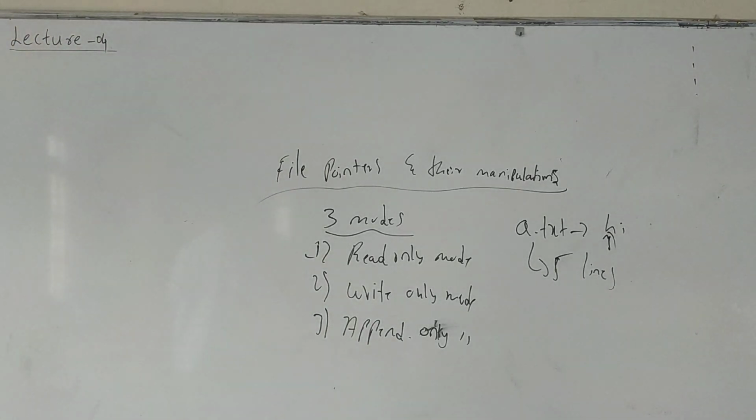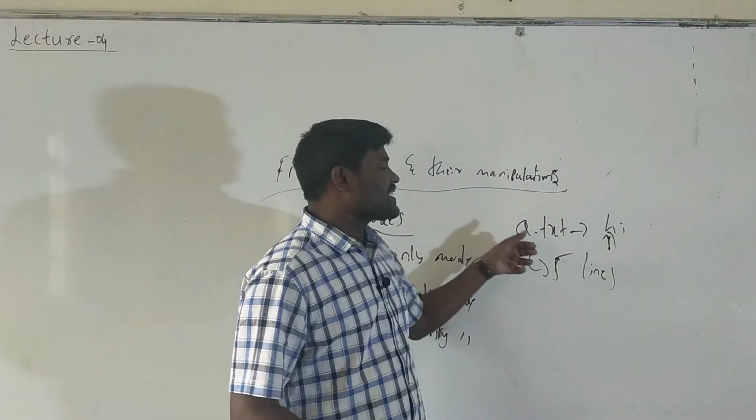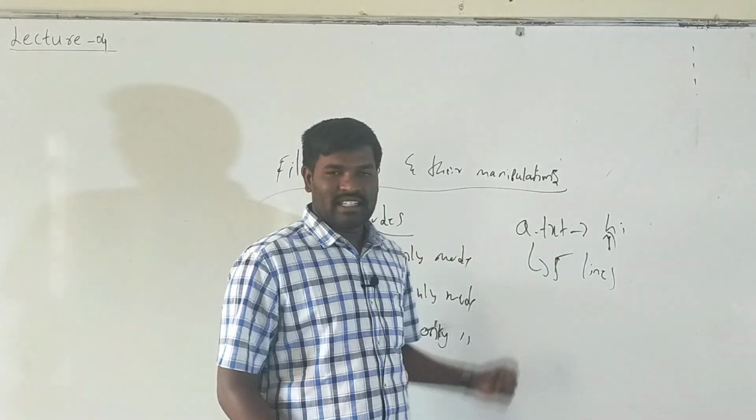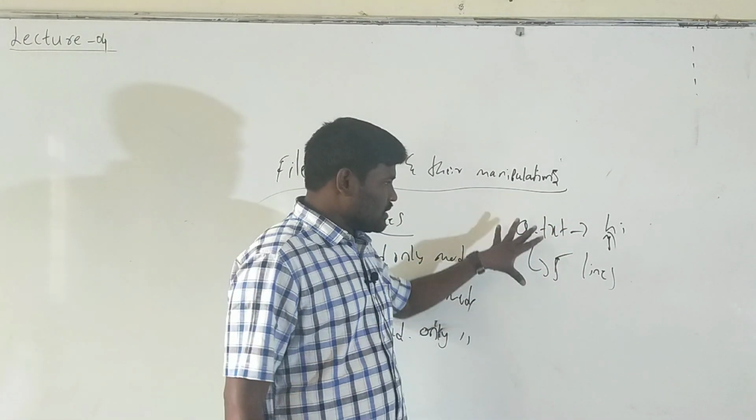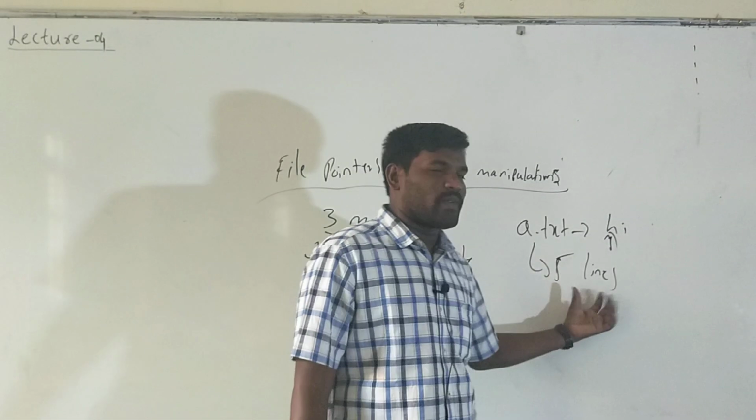Second one is write only mode. Write only mode means if I want to write some content into the a.txt, and a.txt is already created and it consists of 5 lines.